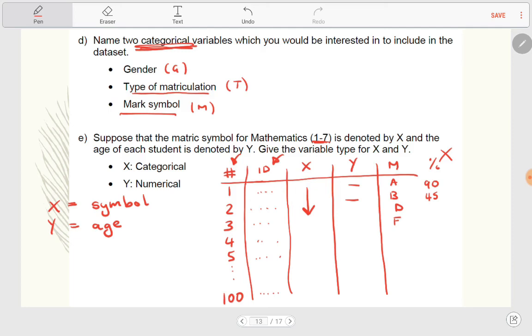And for X, which is going to be a symbol, it's 1 to 7. So remember, even though these are numbers, you can't get like a 1.2 or a 3.4. You either have a 1 or you have a 7 or a 2.